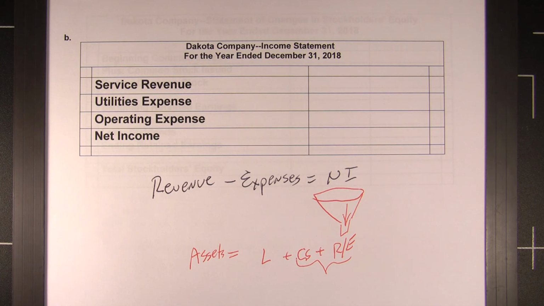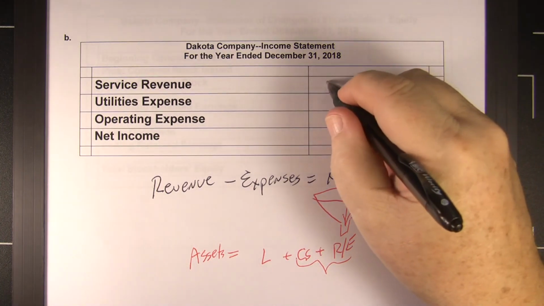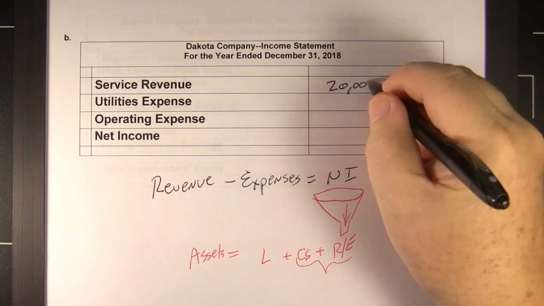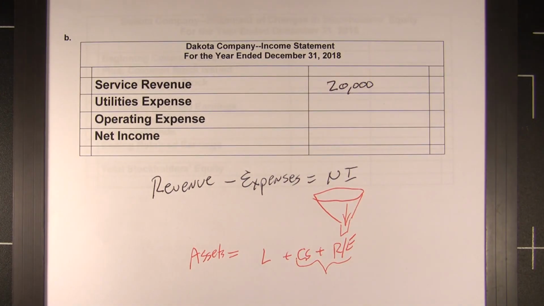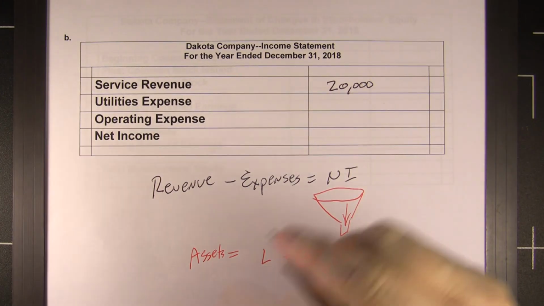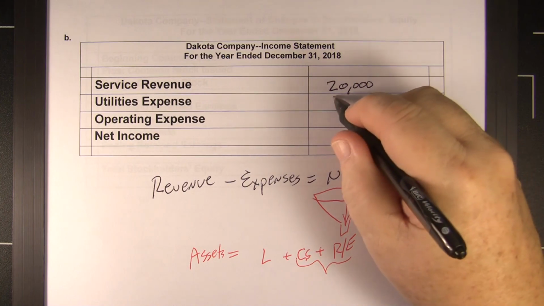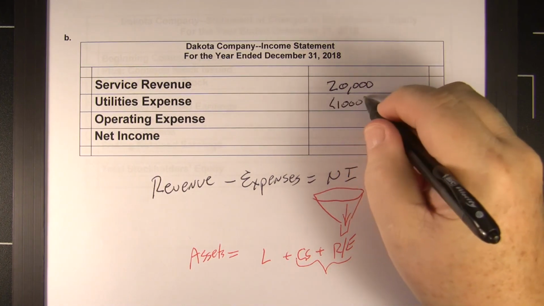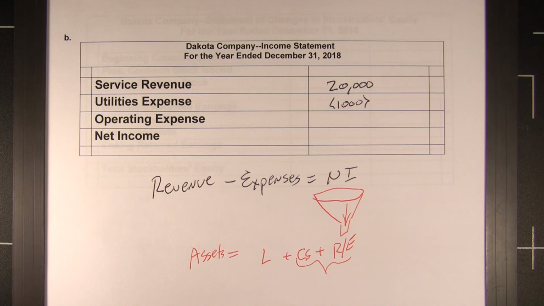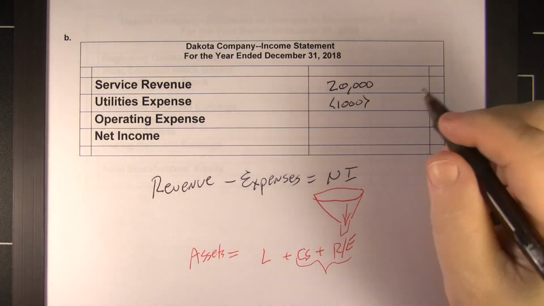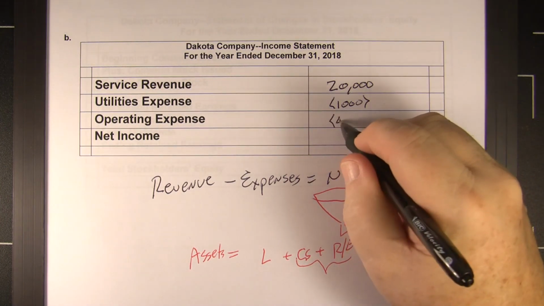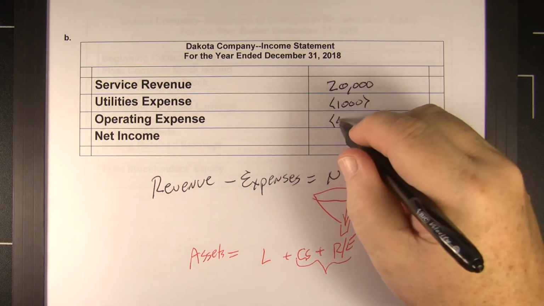So let's take a look here. We only had one service revenue, and that was $20,000. We had utility expense of $1,000, and we had operating expenses of $15,000.